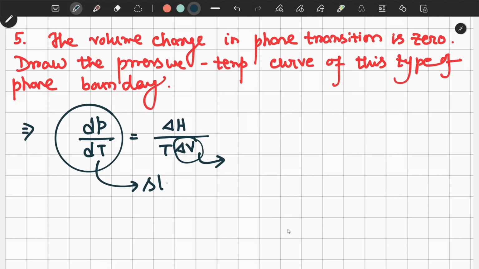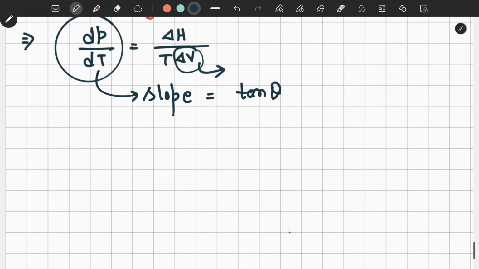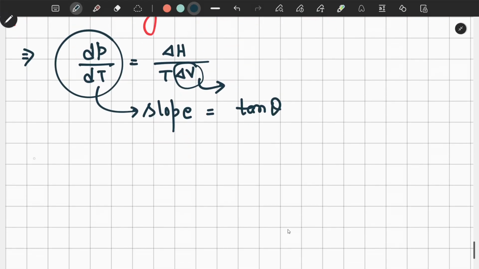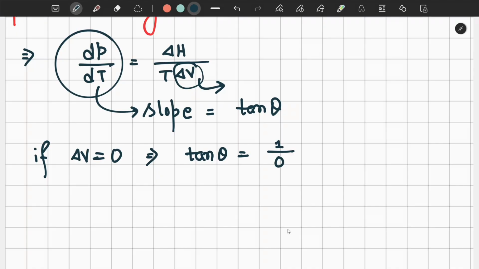And the slope is tan theta. If delta V is 0, then tan theta will be 1 by 0. So this is not infinite, it is undefined.